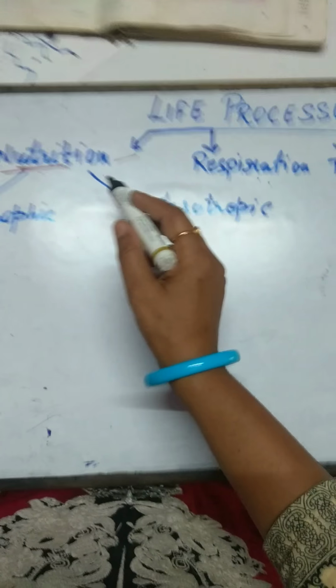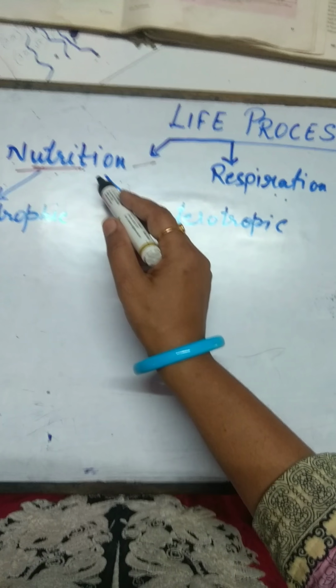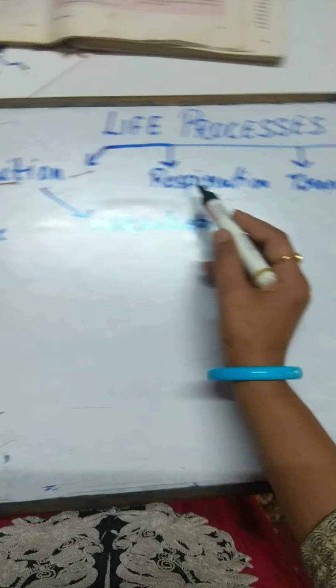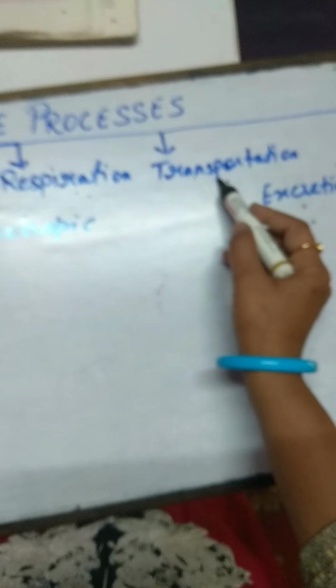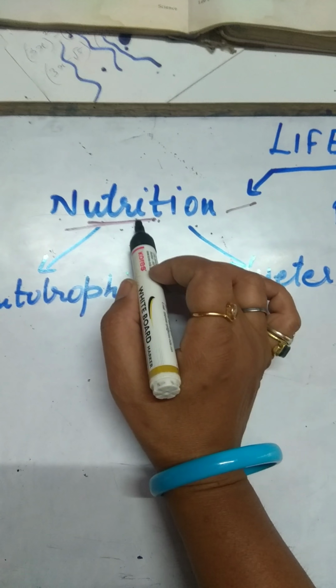In life process, different processes are included like nutrition, respiration, transportation, and excretion. So let us start with nutrition.